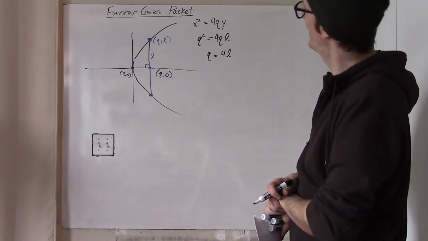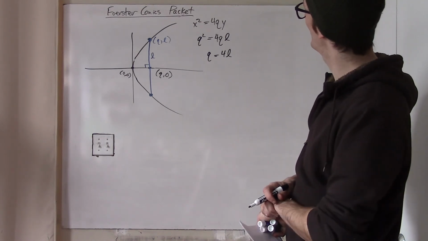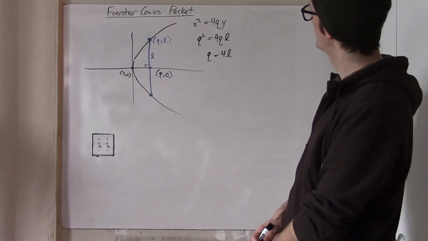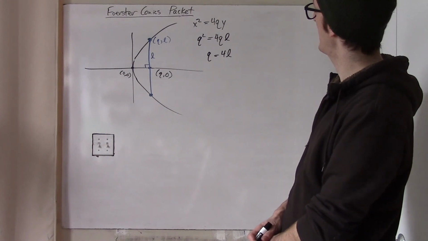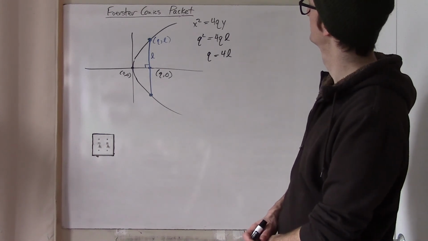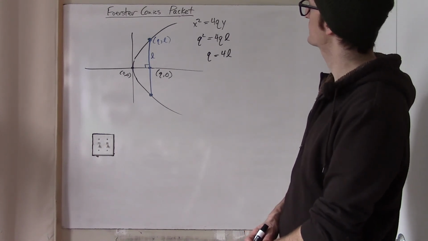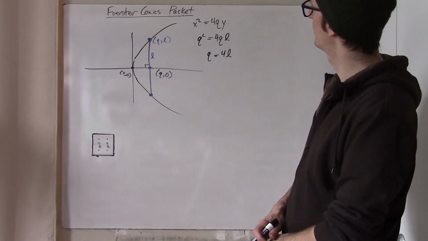What have I done? It's great. Q comma L. Y is L, 4QL. Q is 4L. That's not what I want to say. X squared equals 4qy.